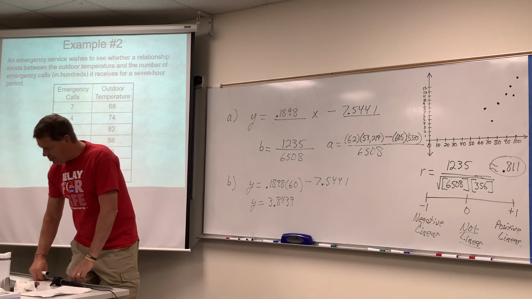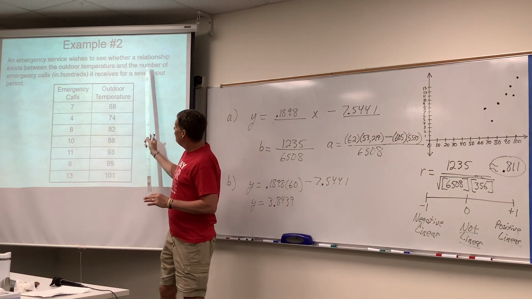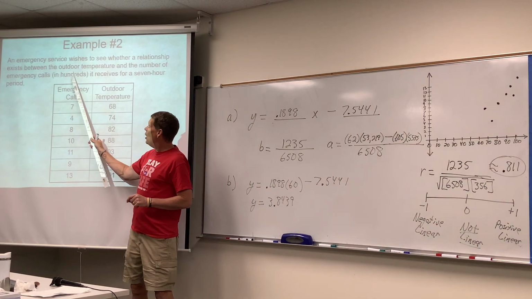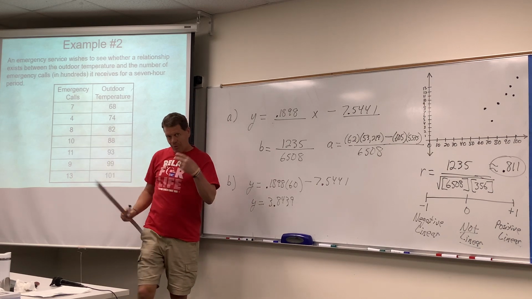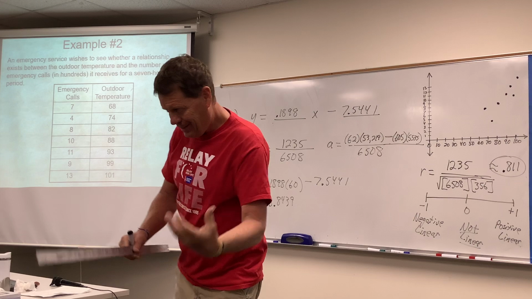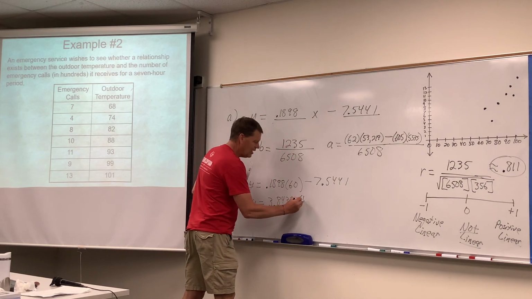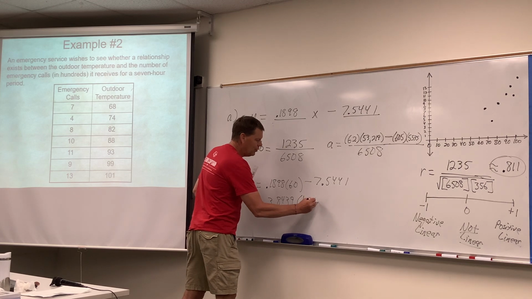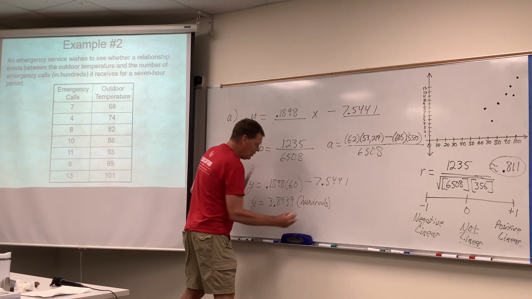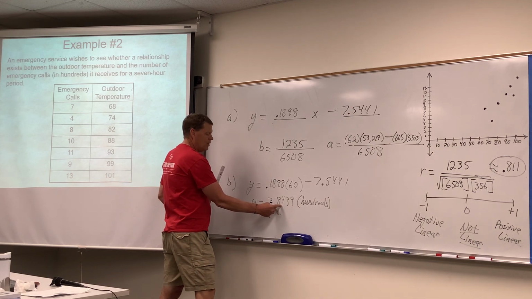But this is one of the things that's a little different about this question as well. I want to remind you that back a long time ago at the beginning of the question, it said number of emergency calls in hundreds. I'm pretty sure number 2 on homework has a similar idea. All right, so you're not going to say 3 emergency calls. You're going to say this number in hundreds. So to me, it would make sense to take that number times 100, which is about 384, but I'd go ahead and round up.